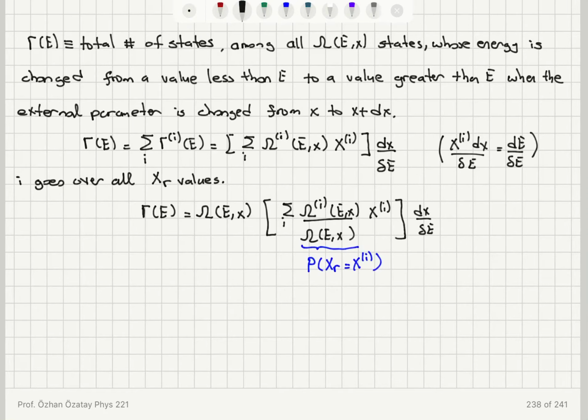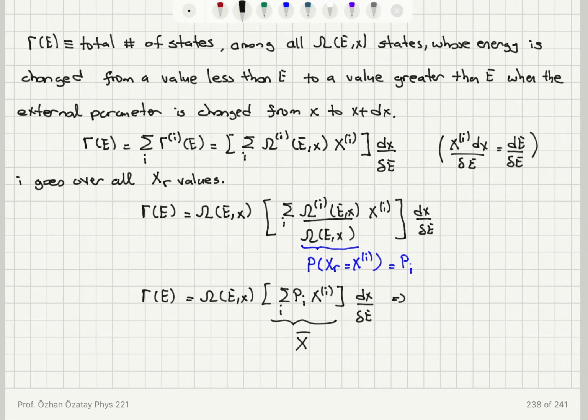So I see that the total number of states entering this region, going above energy level E, is omega E x, times the summation over the probabilities, the summation of Pi xi, and then dx divided by delta E. If you multiply the value of a variable with its probability and go over all possible values, then that is by definition the mean value of x.